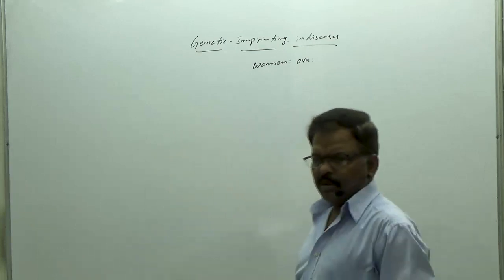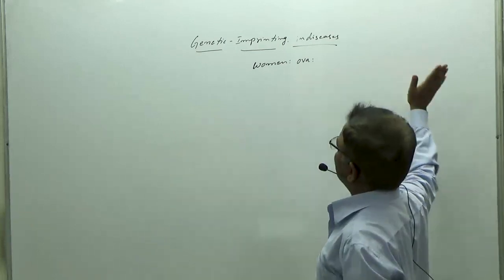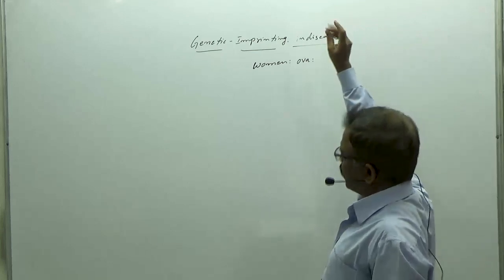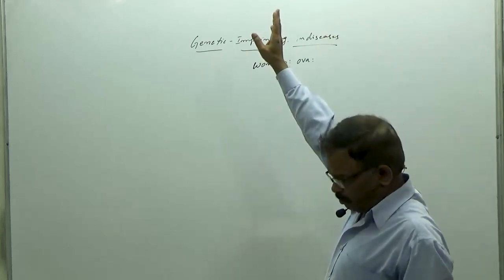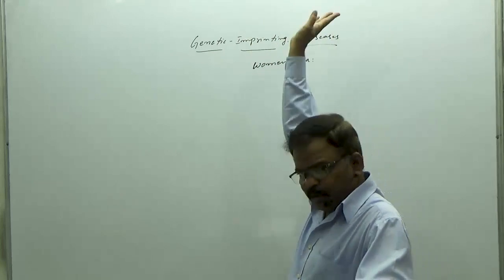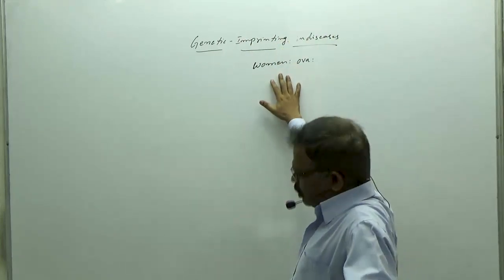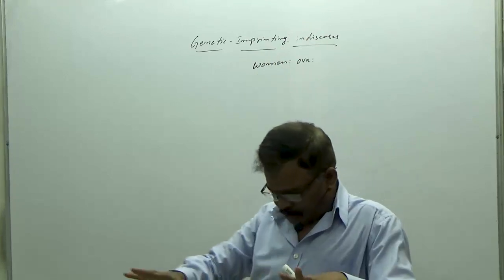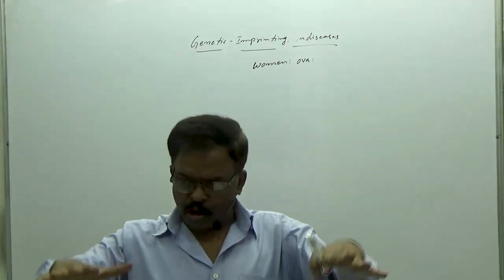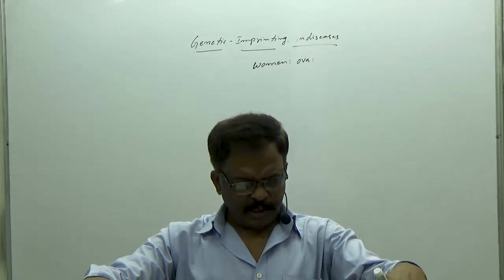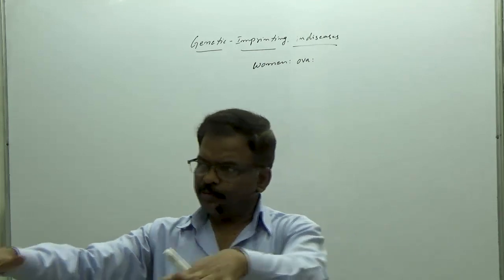Almost all chromosomal separation takes place before birth itself, at the time of embryonic development. Almost at anaphase, the chromosomes are going to arrest. After anaphase, telophase, that's it.